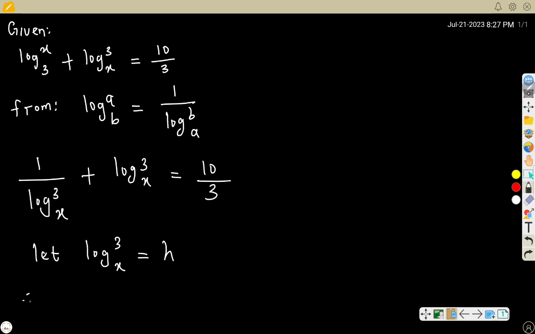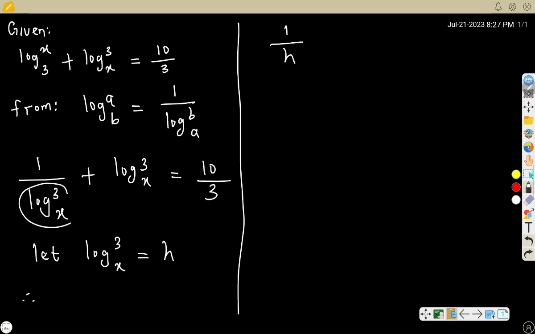So this becomes 1 over h, because log 3 base x is now h. So that will be 1 over h plus h over 1 is equal to 10 over 3.